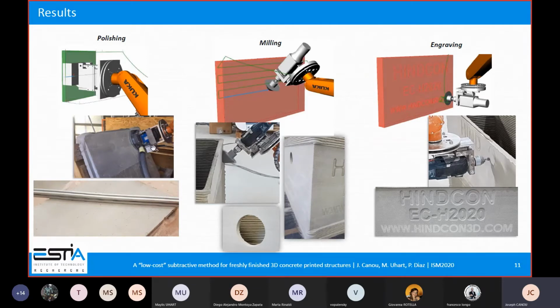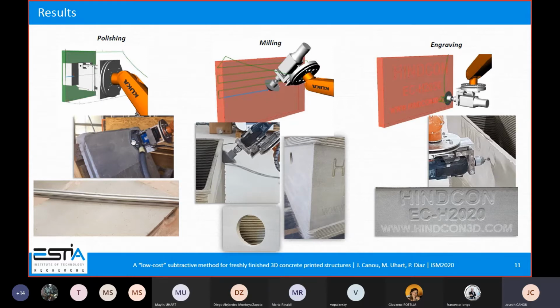Here, the tool we were using, this one maybe is not the cheapest, simply because we were trying to do some tests on very hard concrete. So this one was dried after 3 or 4 weeks of drying, so it was very, very hard.